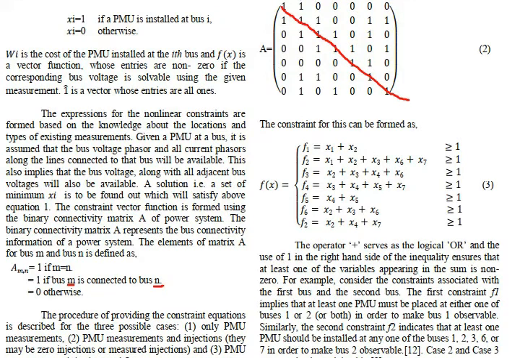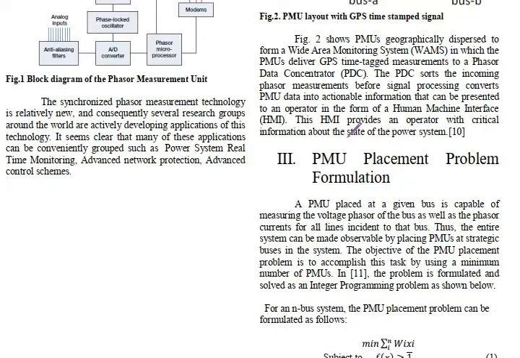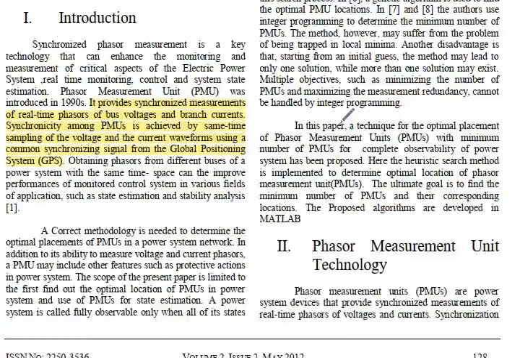Here this entry shows that bus 2 is connected to 1, and the same will be reflected here in the row. Similarly, bus 3 is connected to bus 4, the 6th bus is connected to bus number 2, and the 7th bus is connected to bus number 2. So that's the connectivity matrix of any power system.